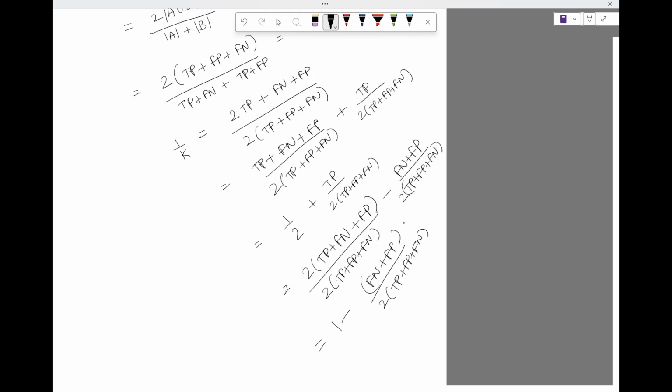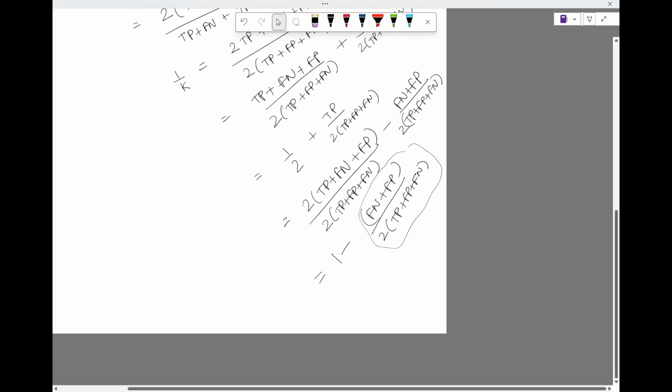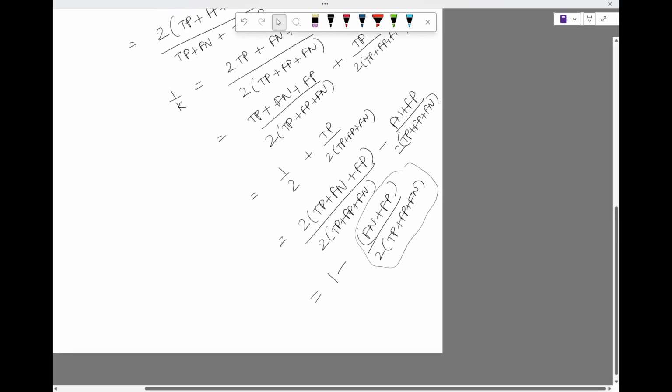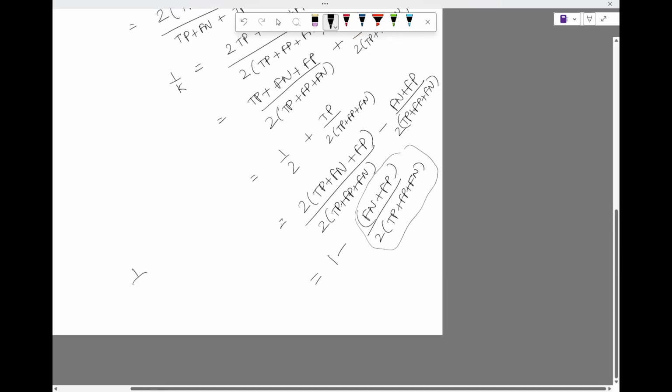Now this term is clearly positive, because the numerator is FN plus FP and the denominator is TP plus FP plus FN, so the denominator will be greater than the numerator. So this will be a small fraction, and so what you get is 1 by K is less than or equal to 1.